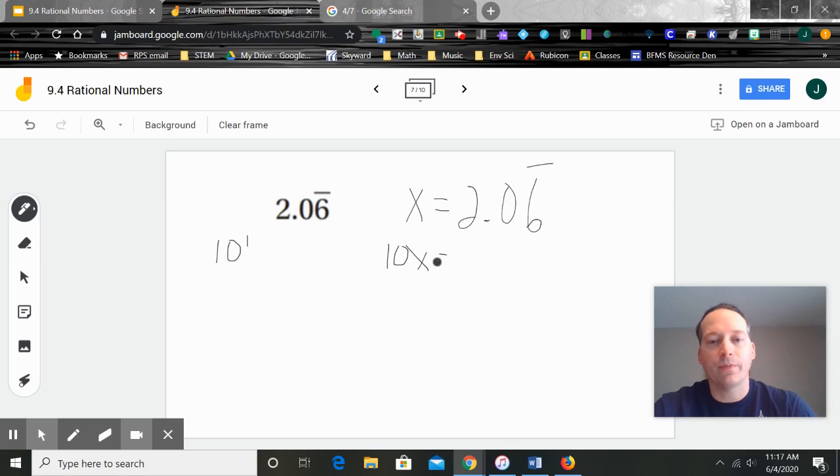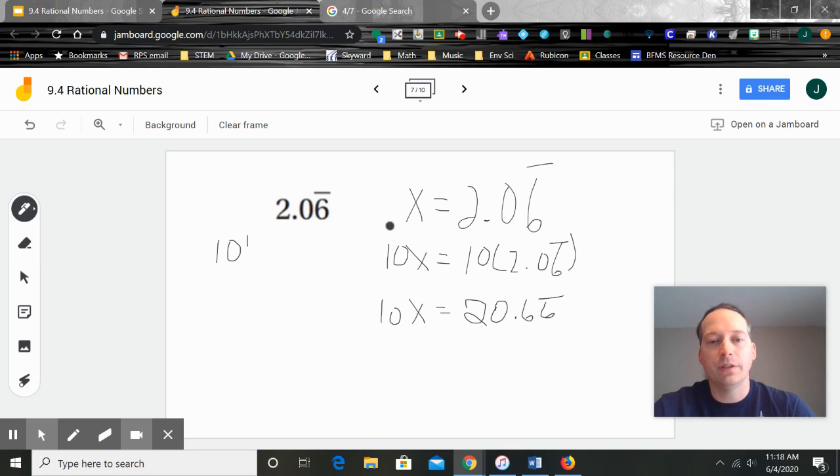So 10x equals 10 times 2.06 repeating. So everything here shifts 1 to the left, so 20.6, and then that 6 is repeating. Yes, I know it starts from there, but it's just going to make life easier if we keep the repeat in the same location.